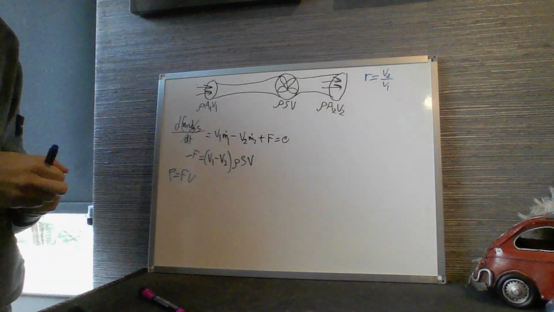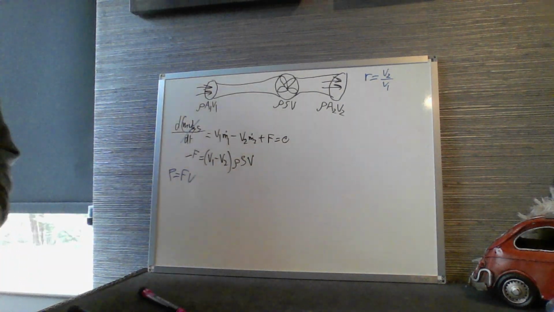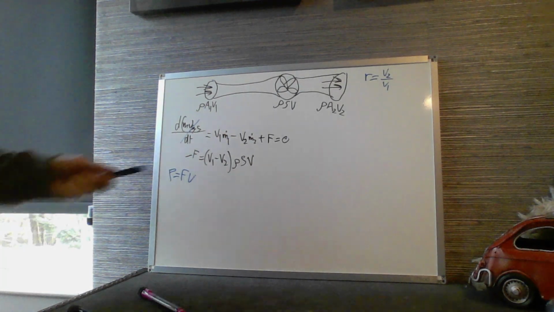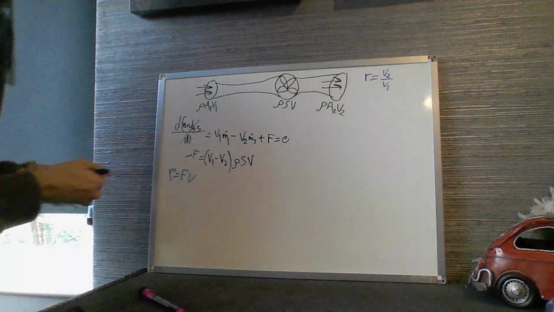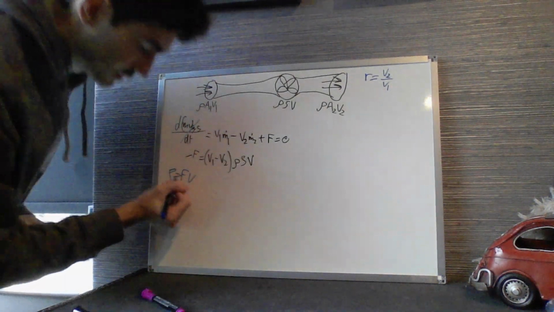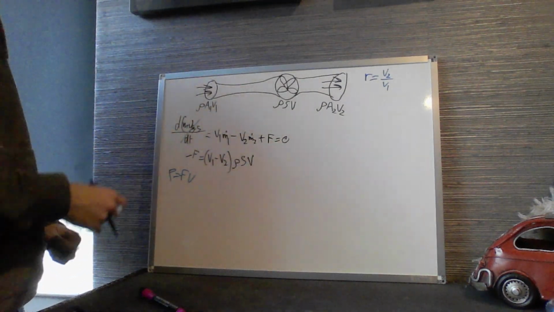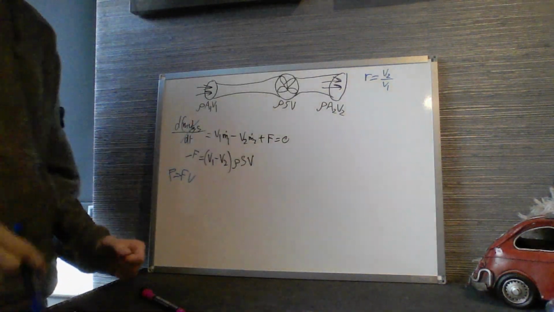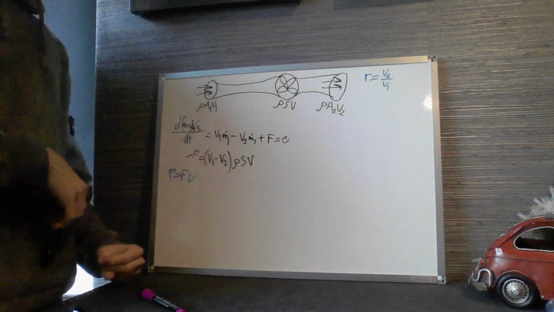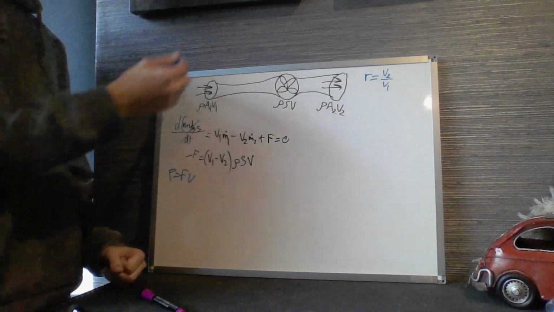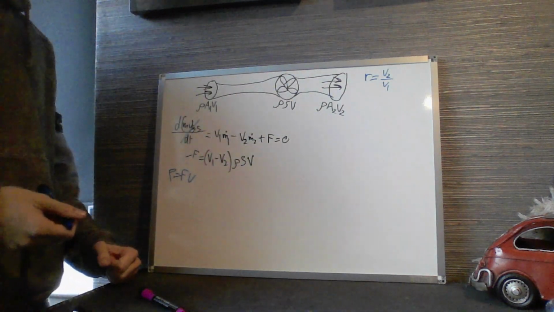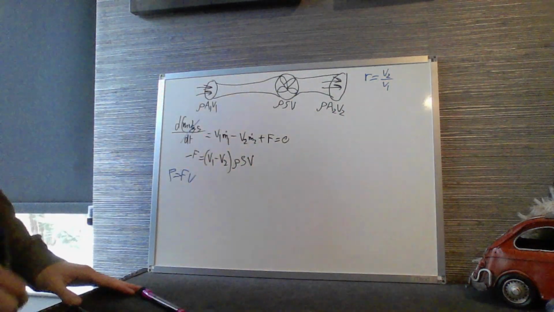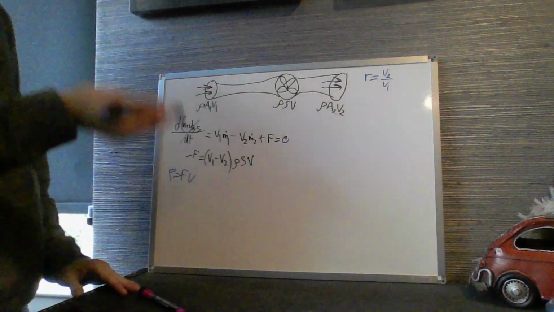So we simply multiply this by velocity, and we don't have to keep the negative value because this should actually be negative. We're multiplying this by v because we're thinking about the force that the fluid is acting upon the fan or the individual blades, not the blades upon the fluid.